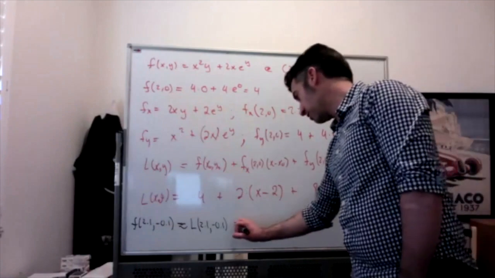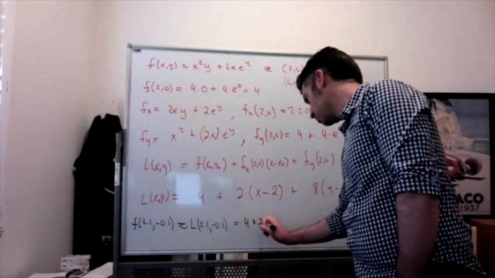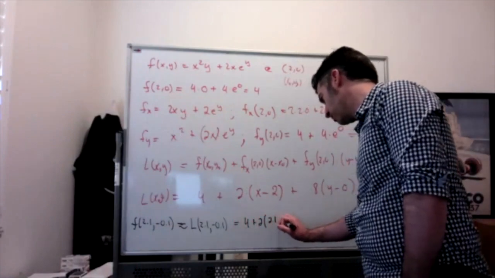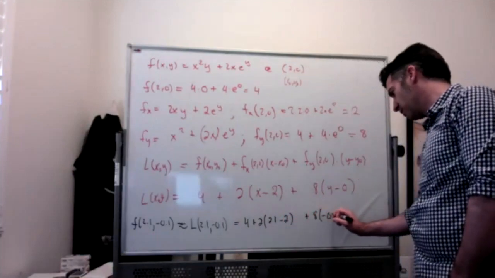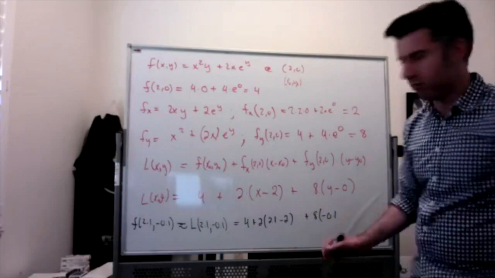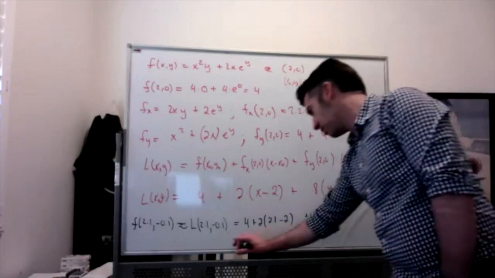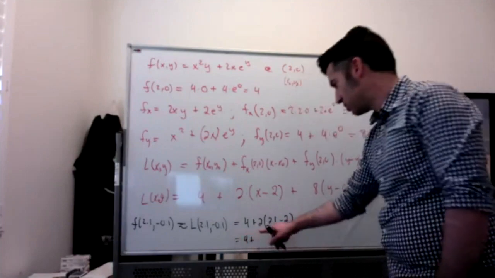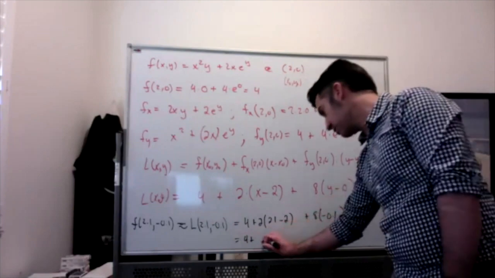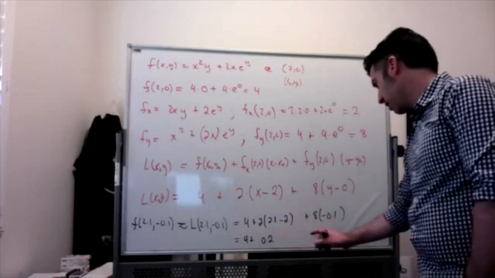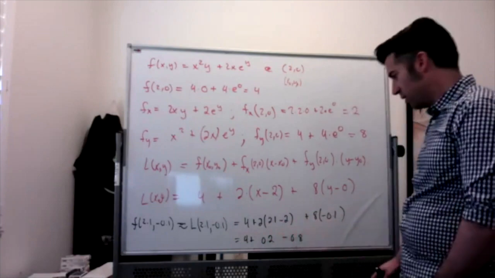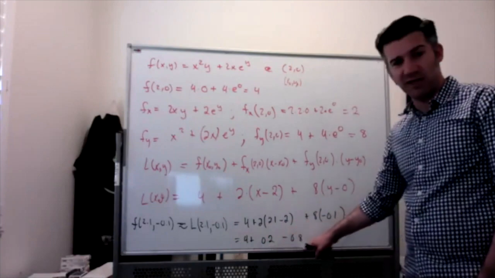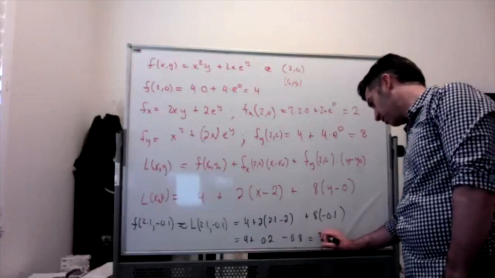So we're going to get 4 plus 2 times 2.1 minus 2 plus 8 times negative 0.1 minus 0. So that's going to be 4 plus 2 times 0.1 is 0.2. And then 8 times negative 0.1 is negative 0.8. So that's 4.2 minus 0.8. That's going to be 3.4.